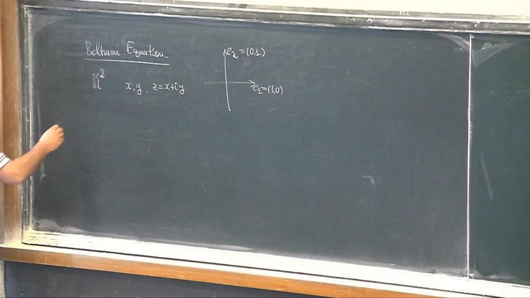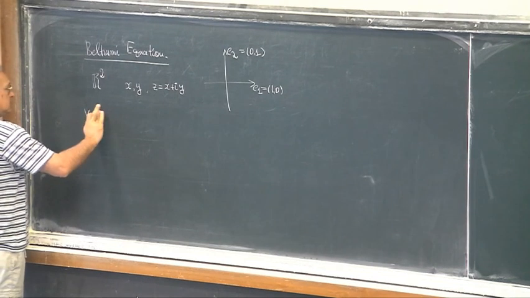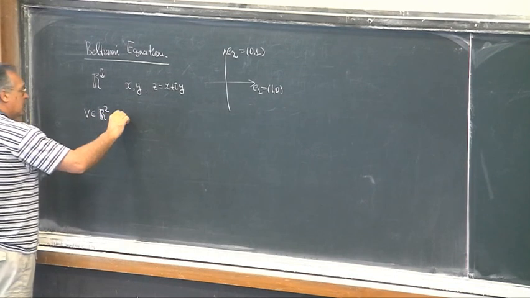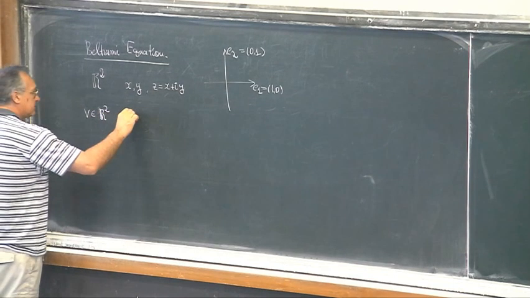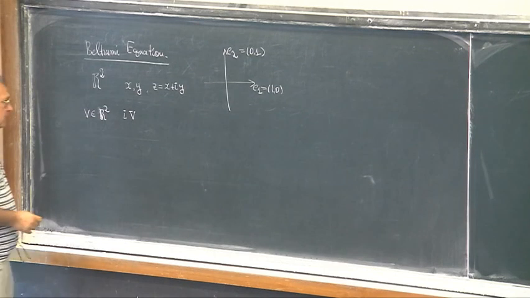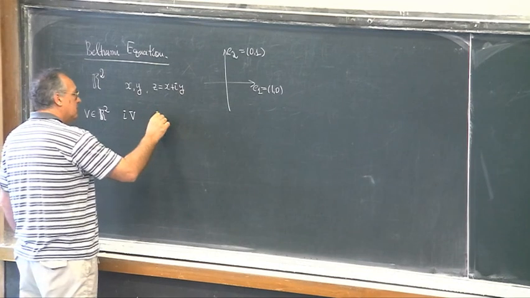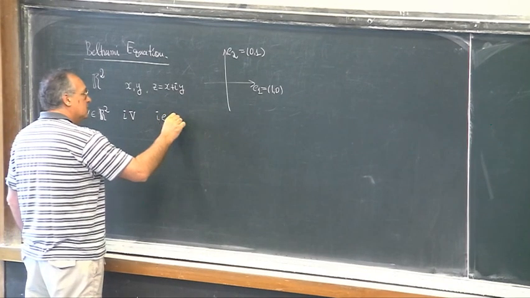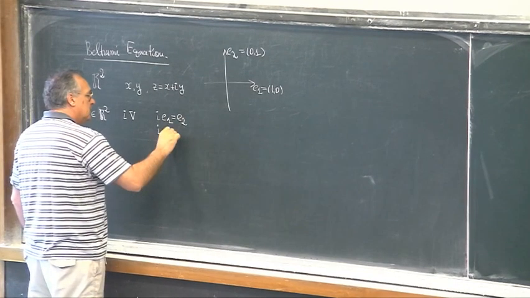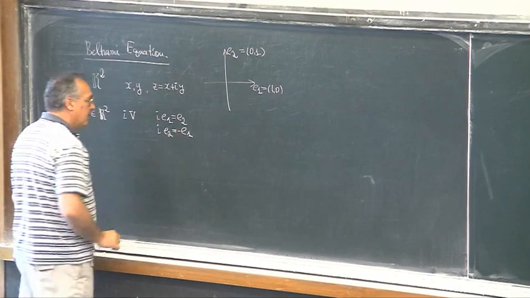So if v is a vector in R2, then we know what iv is. More specifically, i times E1 is E2, and i times E2 is minus E1.